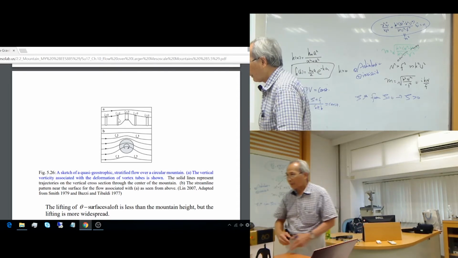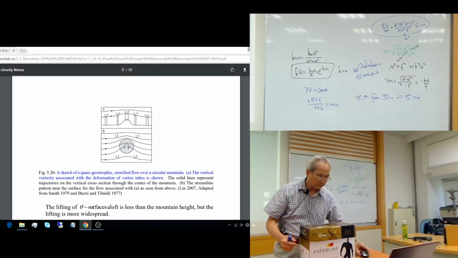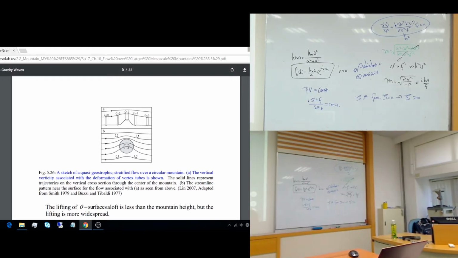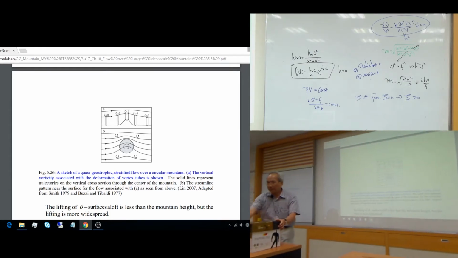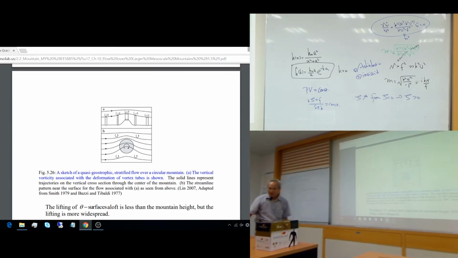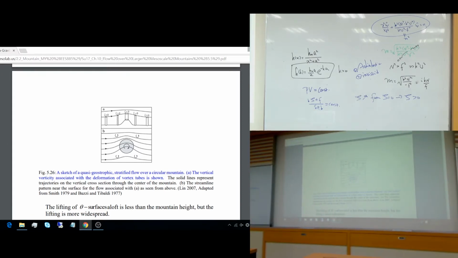What does that mean? We have positive vorticity. So if this is our mountain, flow comes to here, and we have positive vorticity here. What does that mean? Where is the flow going to go?